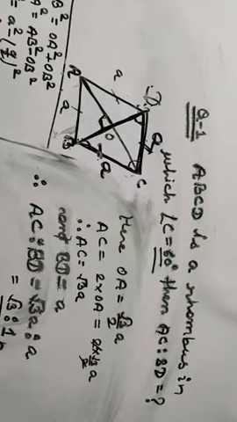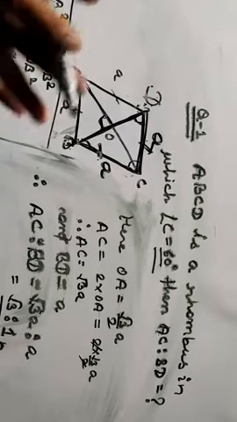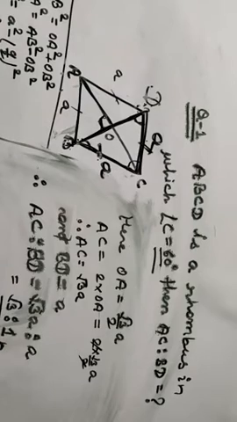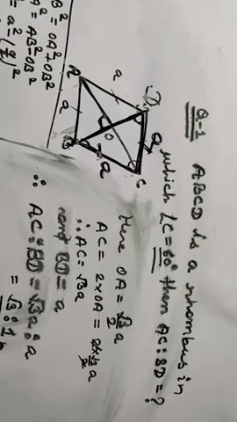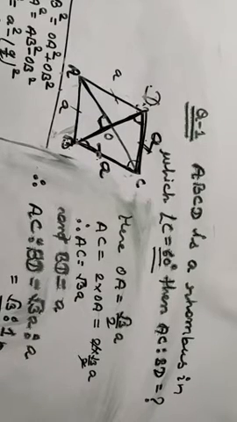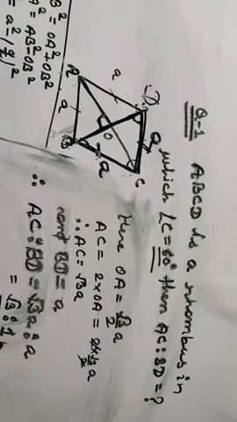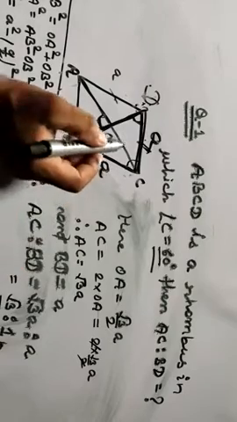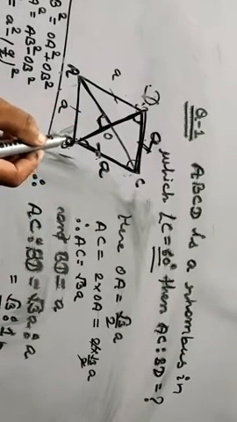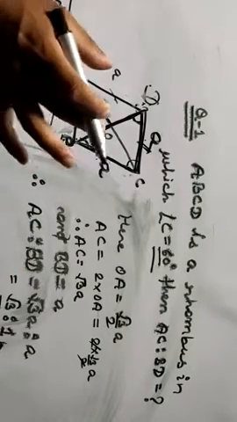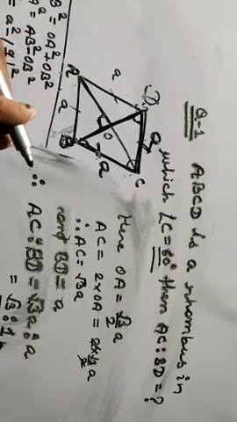Yes, friends. In this exercise, only proofs are given in this chapter. Likewise, students, a question will be given and asked, this type of question will be asked, and you have to give the answer.